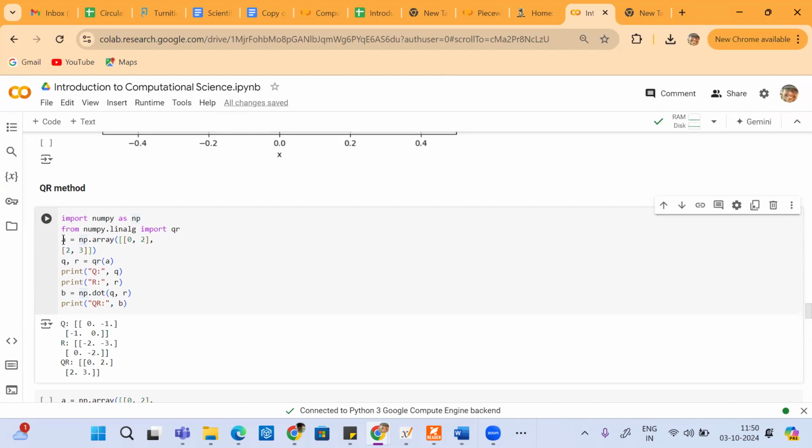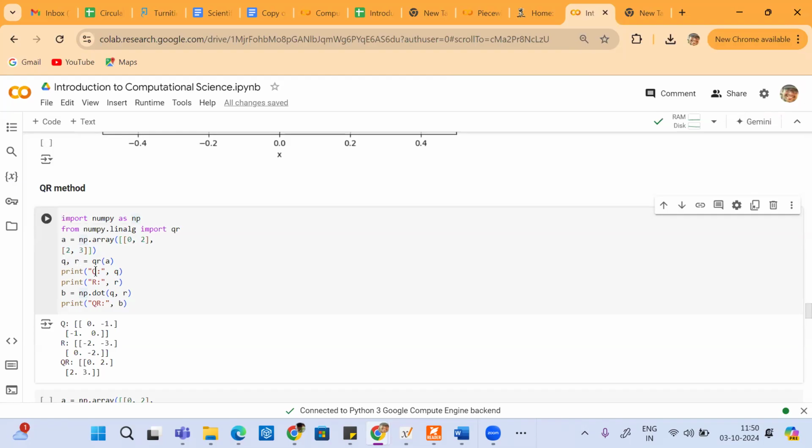Then you define the matrix A. I should have written capital A. It's an invertible matrix, right? Yes, it's an invertible matrix. So how do I do the QR factorization? Just write qr and then in brackets the matrix A. Then you have this Q and R.